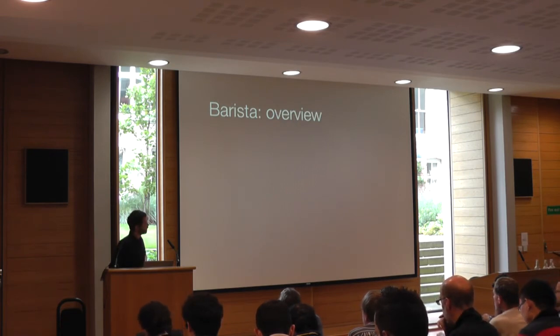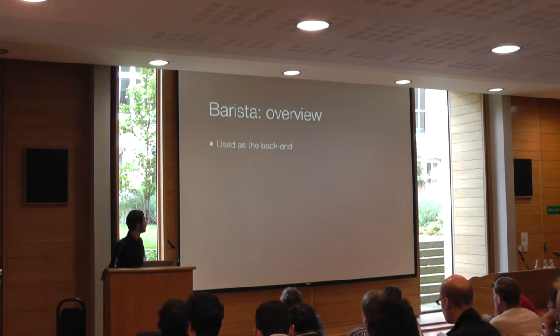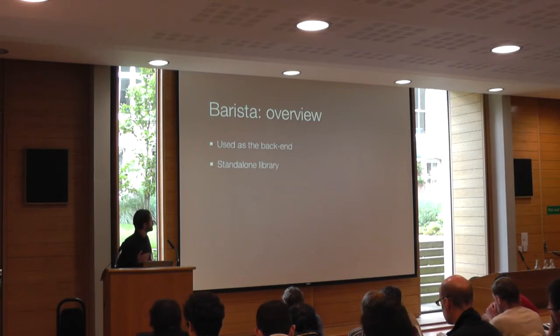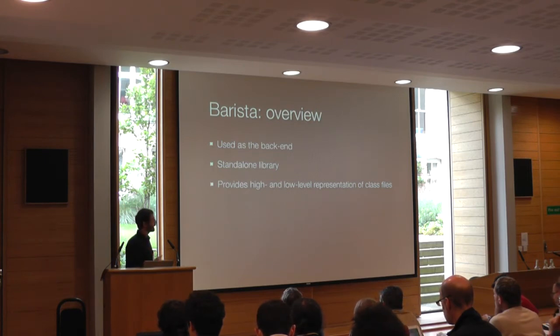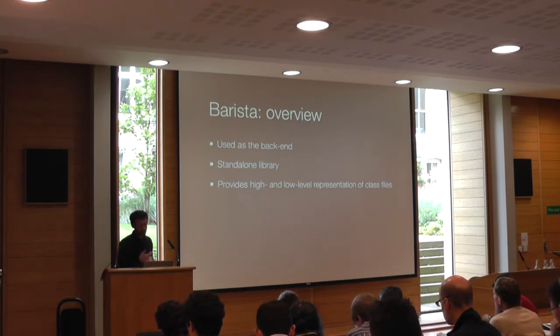Some words about the Barista library, which is used as the backend of the compiler. It also ships as a standalone library. It allows you to represent Java class files in both high and low-level fashion. The low-level fashion is mapped directly from the specification of Java class files, and the high-level representation takes advantage of the OCaml typing to ensure that you will not produce bad class files.